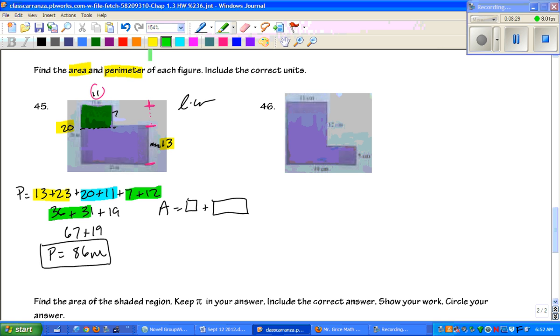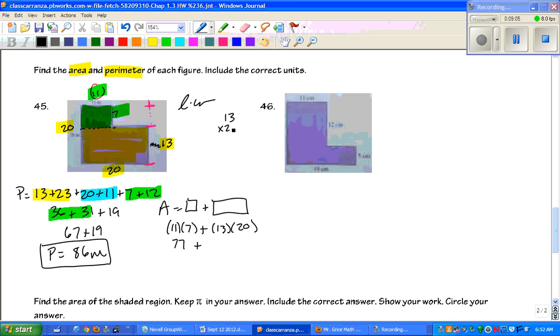So the dimensions for that, we're going to use 11 times 7 plus, on this one right here, we're going to have 13, and that was 20.